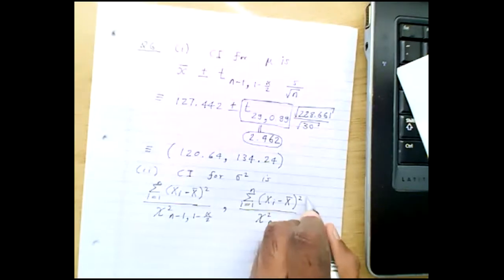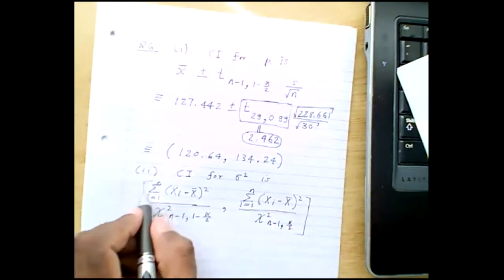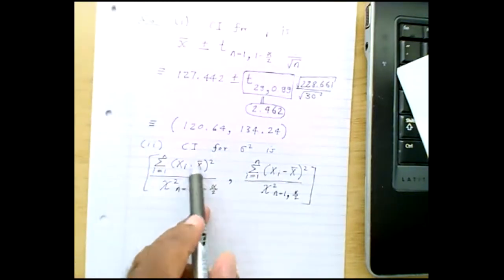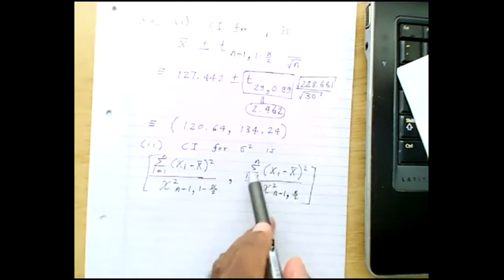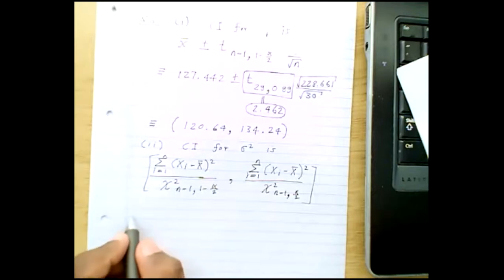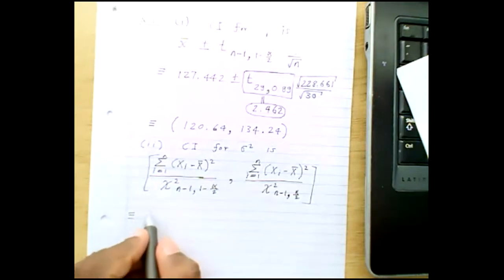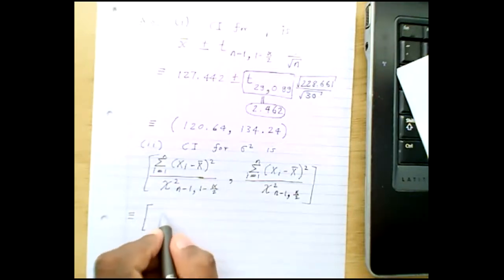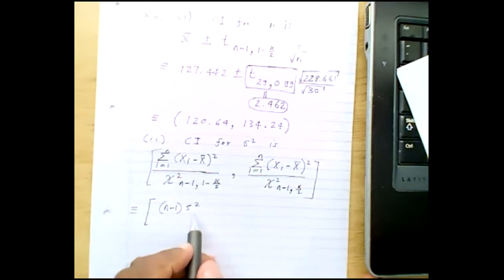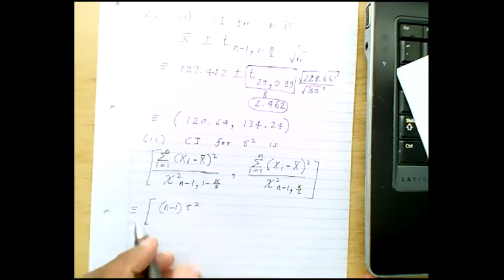This is the formula I'm going to use. You may recall that the numerator is part of the formula for the sample variance, so you can write this as n minus 1 times s squared. Remember, S squared, the unbiased version, has an n minus 1 in the bottom. So when you multiply S squared by n minus 1, you get this.